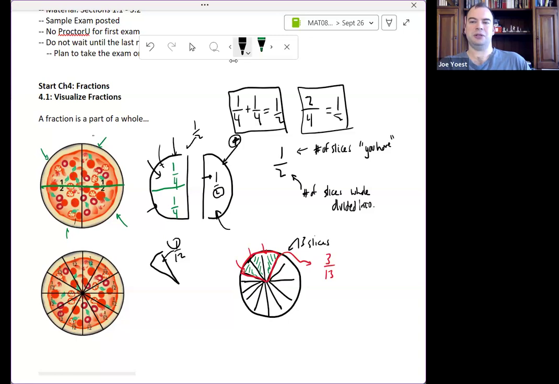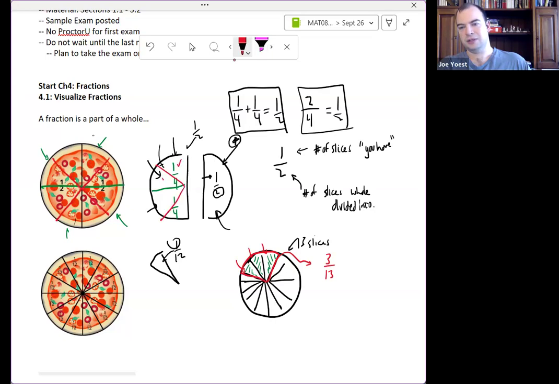So 2 slices of a pizza cut in 4 is the same as one slice of a pizza cut in 2. Or this would be the same as, for instance, 4 slices of a pizza cut in 8ths, cut 8 ways. If I cut like this and like that as well, right?